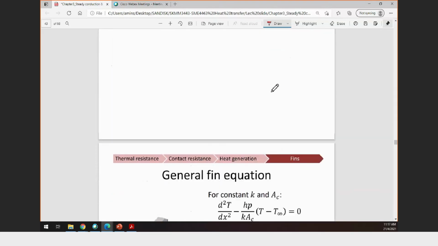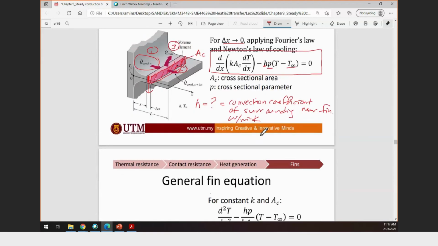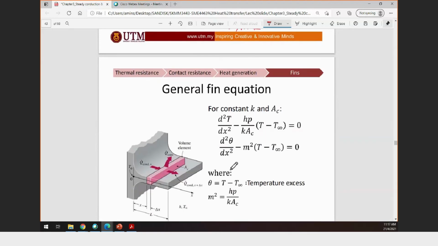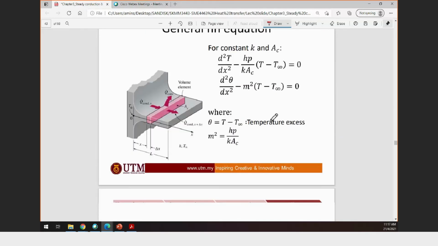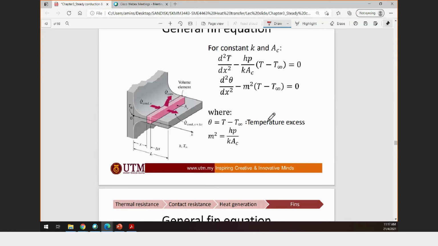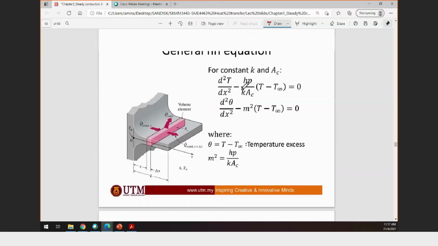So what we need to do from this equation is some integration. It's the same as chapter 2. If you remember in chapter 2, we have a general heat conduction equation, and then we need to find the boundary conditions, and then do some integration in order to find the temperature distribution and the heat transfer rate equation.